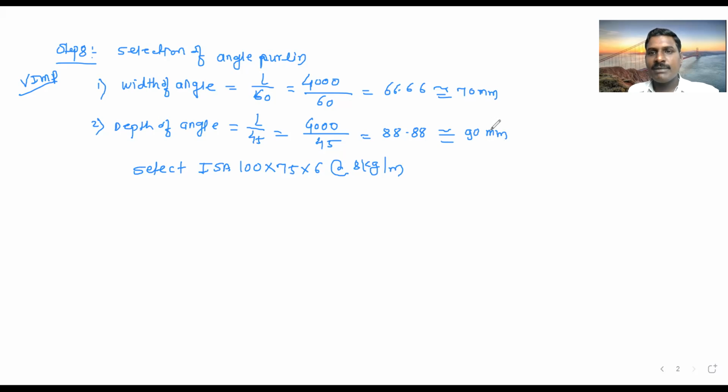Actually 90 by 70 section is not available in the IS steel table. 90 by 60 is available, but 60 is not a limiting width. So we can take 100 as the depth, and instead of 70, we have taken 75 by 6 mm at 8 kg per meter. Got it? How to select this section?